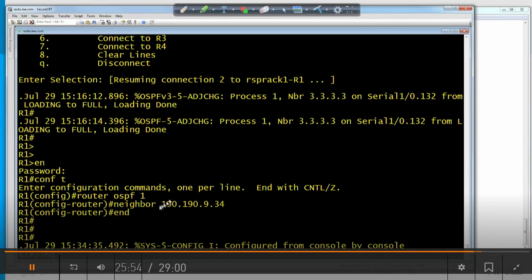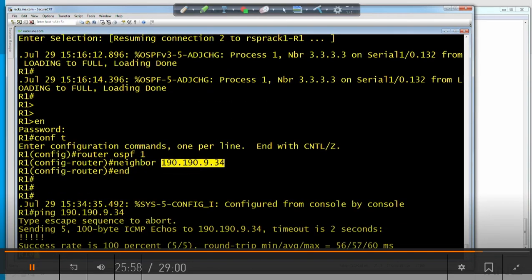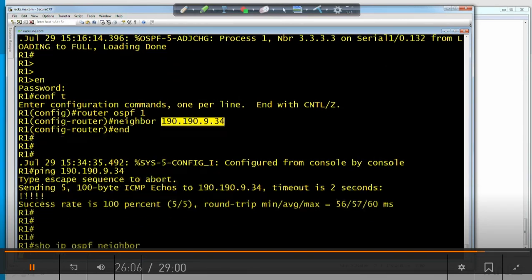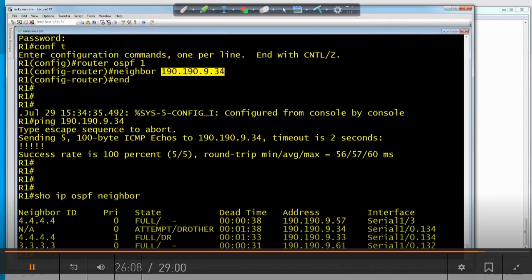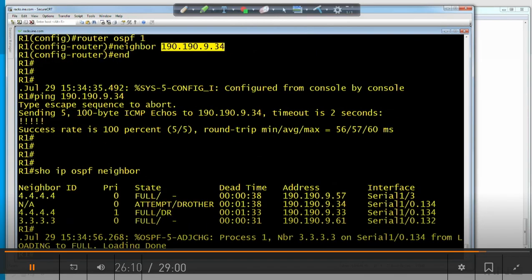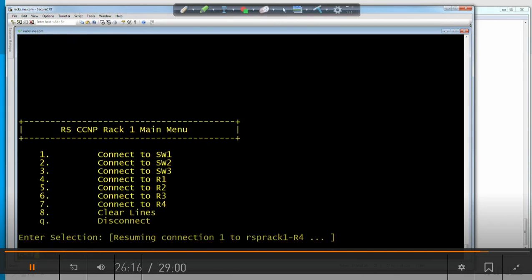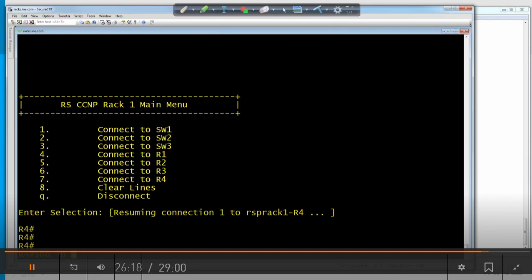Make sure we can ping that neighbor. We should be able to. Okay, just taking a little bit longer. There it is, just came up. Okay, so now if we go back to router 4, he should have all 5 neighbor relationships.